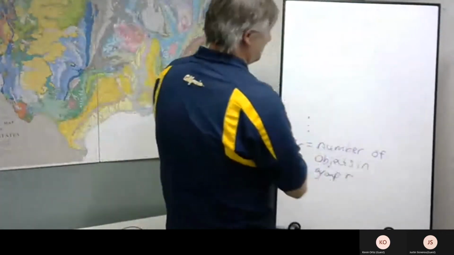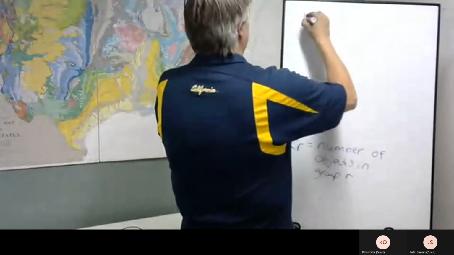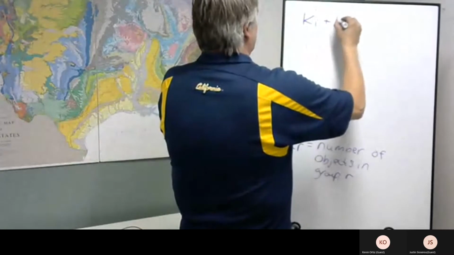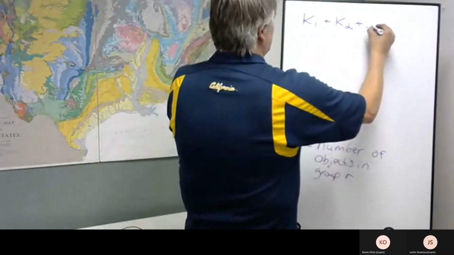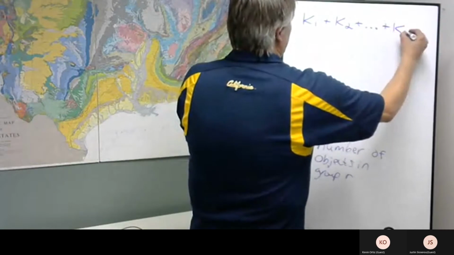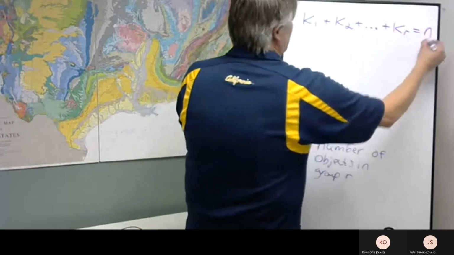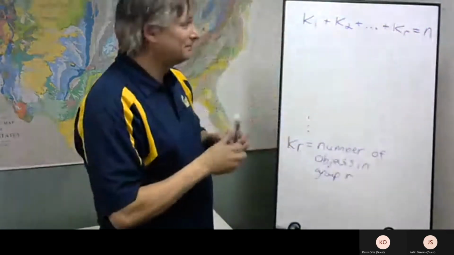So that means K1 plus K2 plus through KR is equal to N.